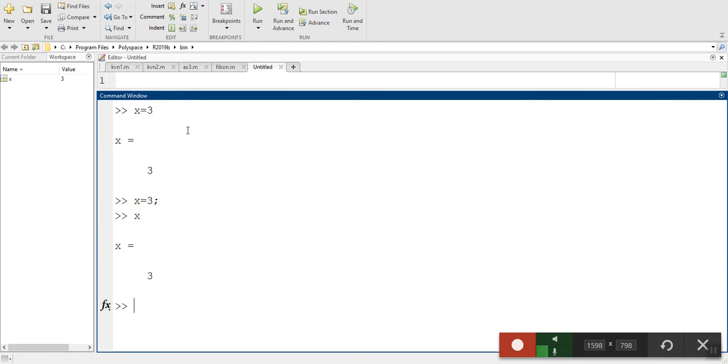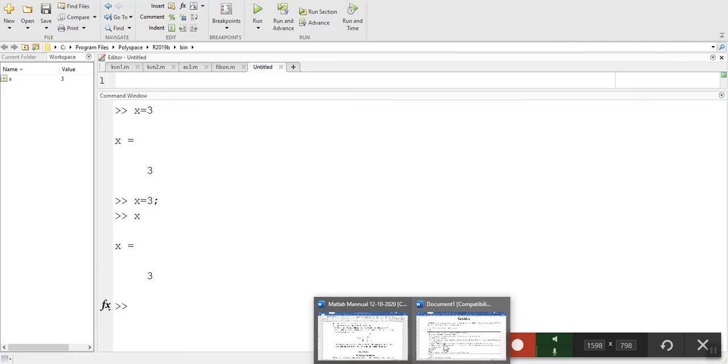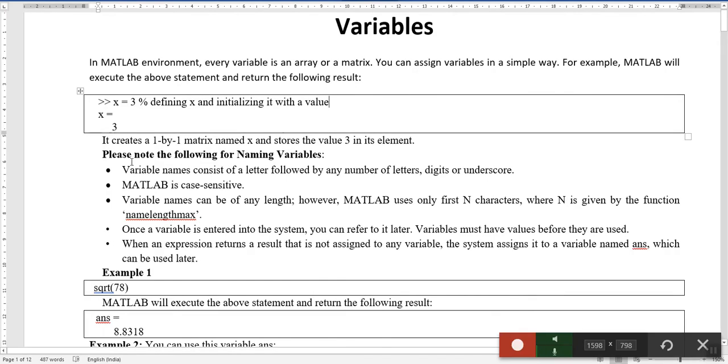Already we discussed in the earlier class how to know the variables, applying the command who, and clear, and deleting one variable in the workspace. Everything we already discussed. Now, coming to how to define a variable. This is very important. Please note the following for naming variables.